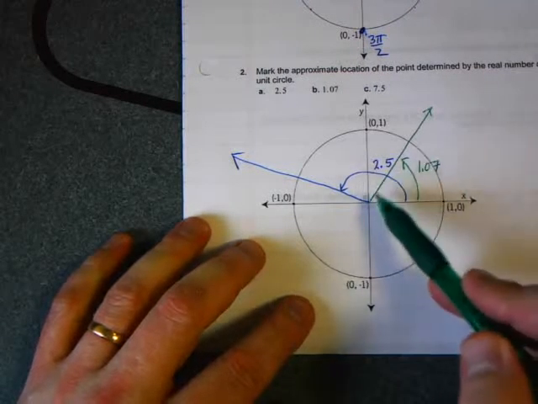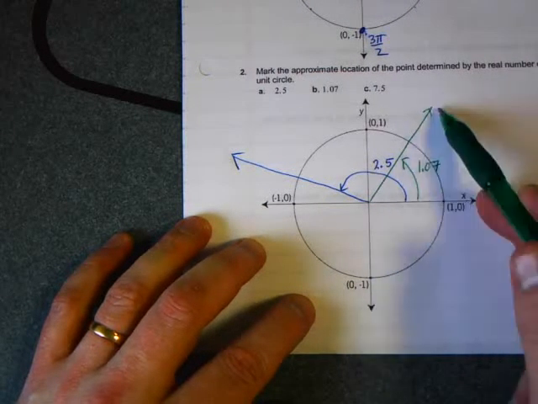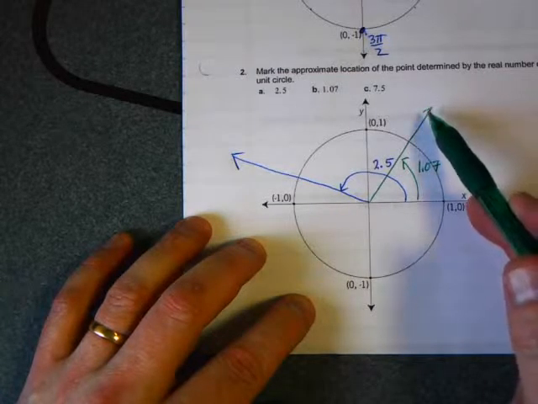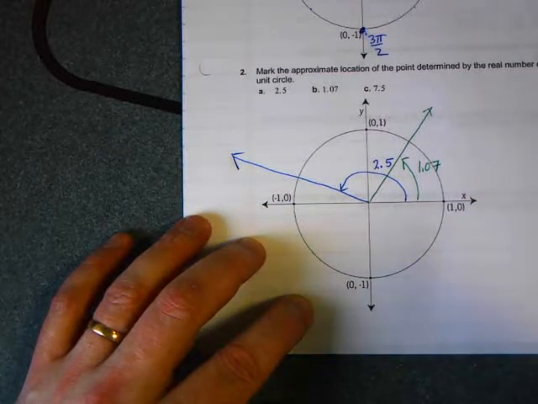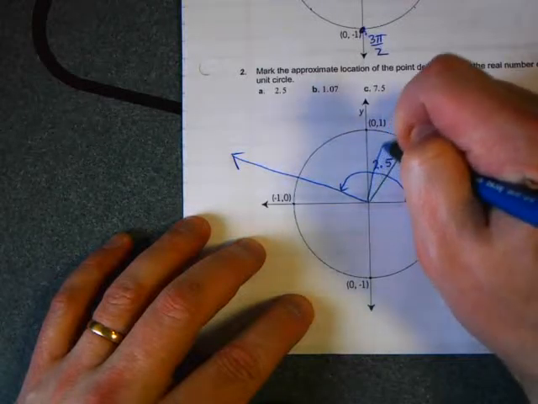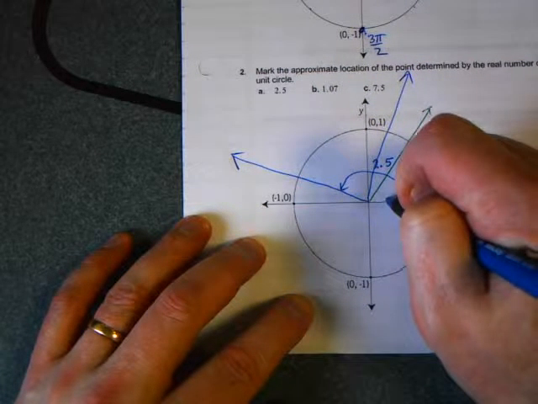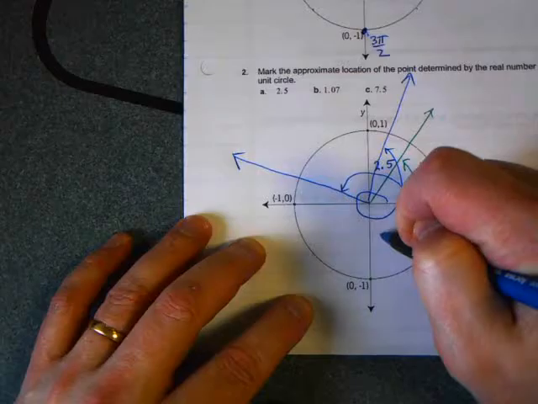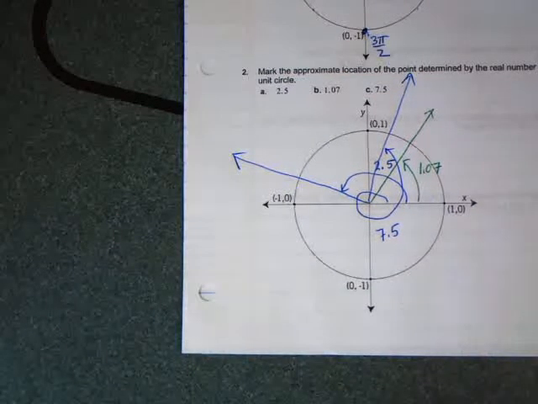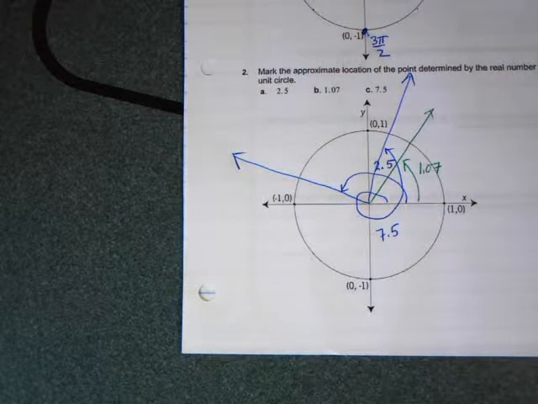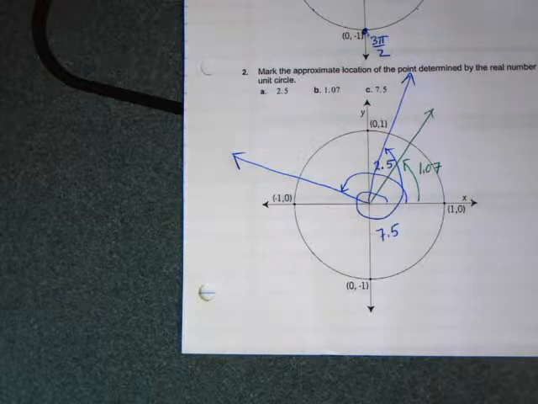So where is it in relation to this 1.07? It's more than it, isn't it? So it would have to be, but it's less than the pi over 2. So it would be something like that. 7.5 radians would be about there. More than one rotation. Should have had a third color.